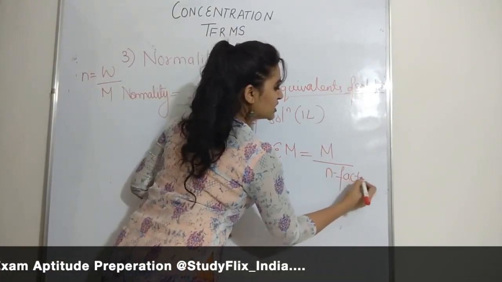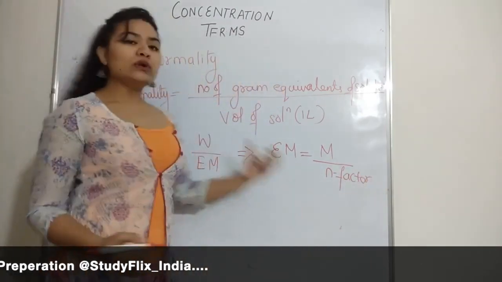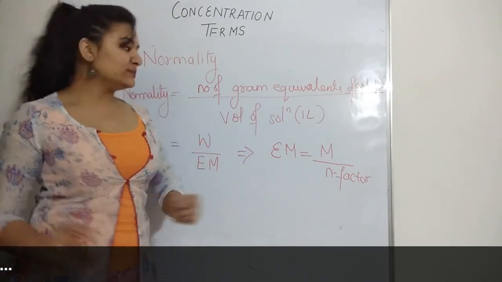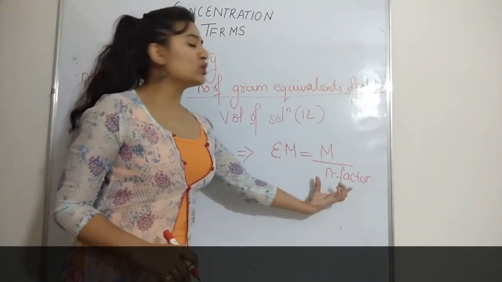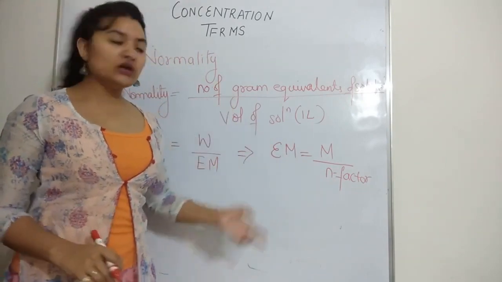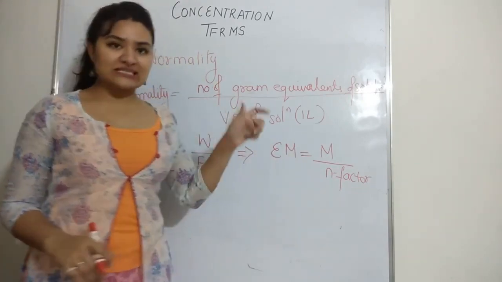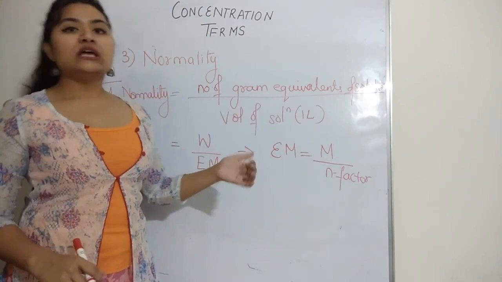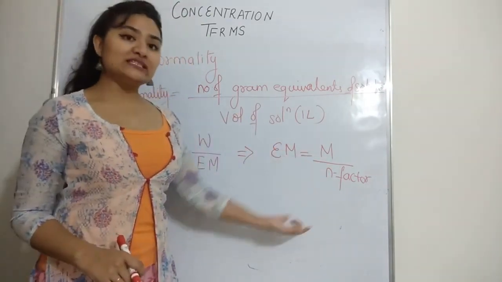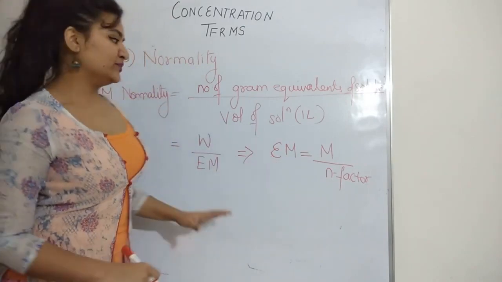Now N factor can be found out in various ways. We will discuss that as well. This can also be called V factor, that means valency factor, or Z factor, just Z, because sometimes it is the charge also. So it can be N factor or valency factor or Z factor.